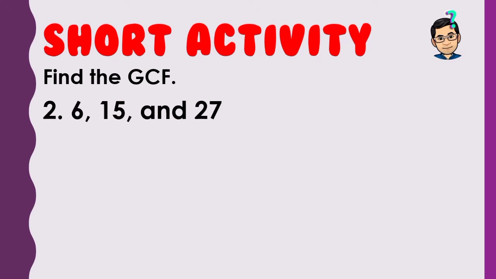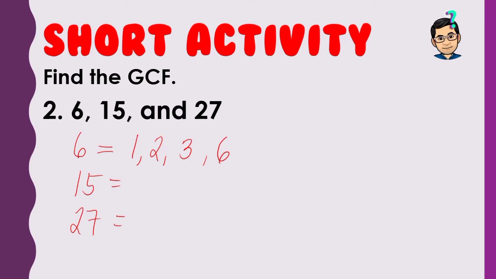Next, for number 2, we have 6, 15, and 27. Again, using the same steps, list down the factors of 6, 15, and 27. With 6 first, we have 1. Of course, we always start with 1 so we don't get confused. And then 2, 3, and 6.